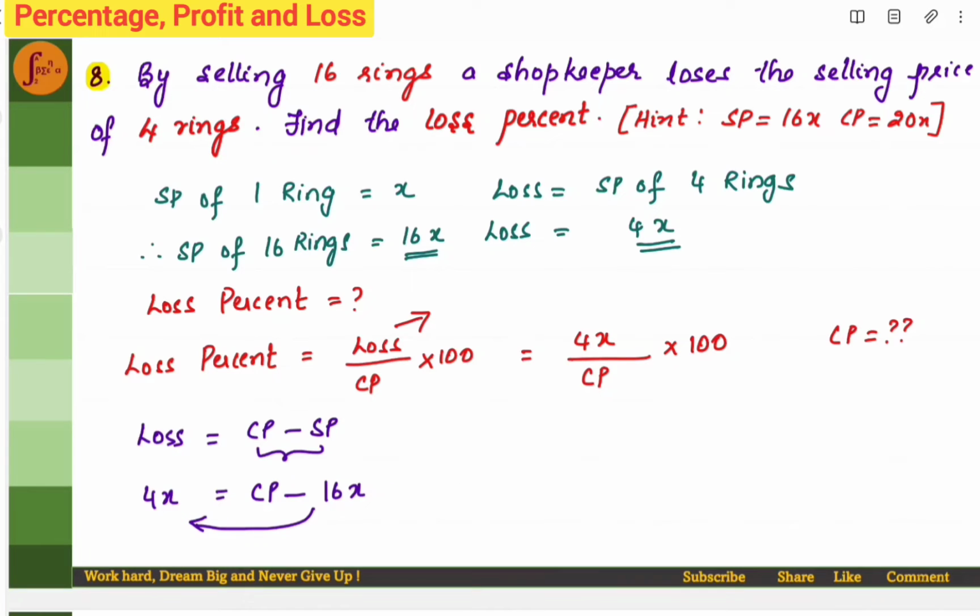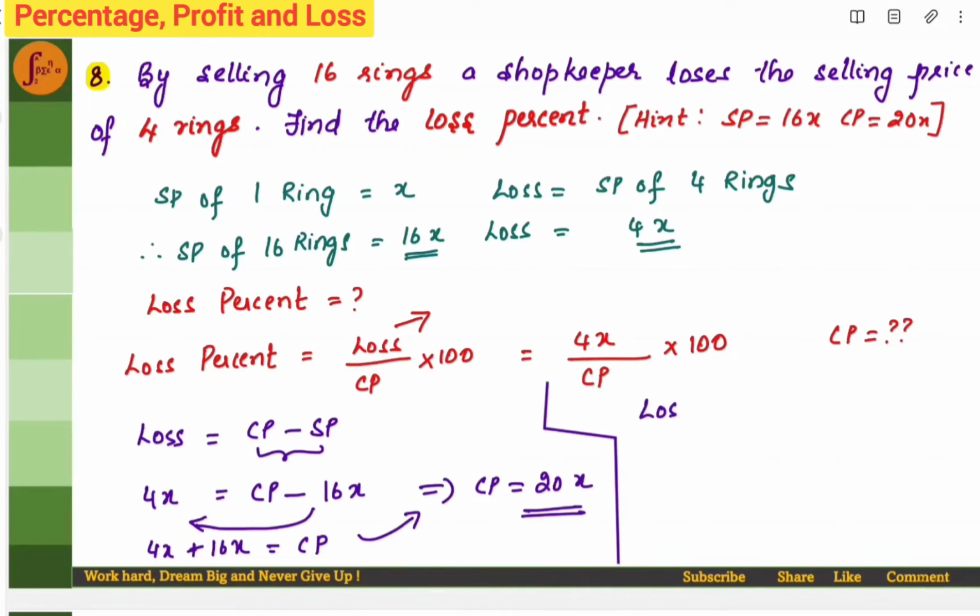We'll get 4X plus 16X. When you shift 16X this side, it's going to become plus 16X is equal to cost price. Now what is this? This indicates cost price is equal to 16X plus 4X, which is 20X. So cost price is 20X. Now we'll come back to this particular formula.